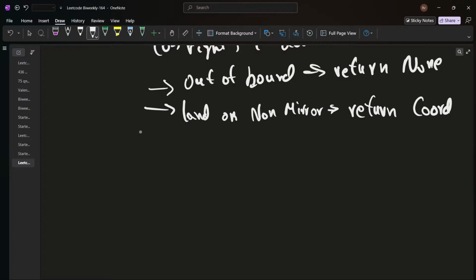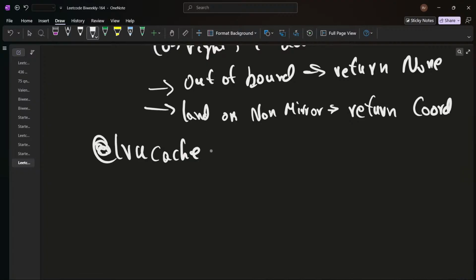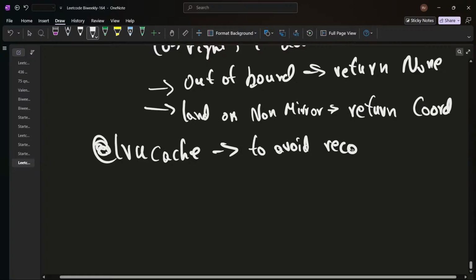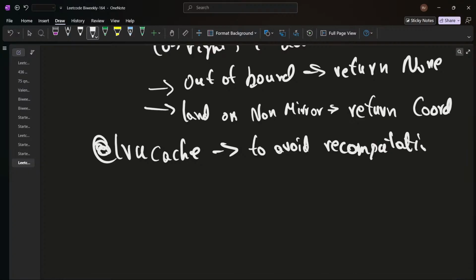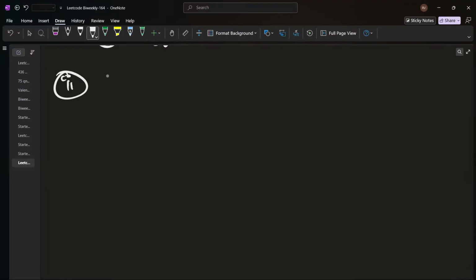We can use LRU cache, if you want, to avoid recomputation. Now, in our second step, this is a DP question, since I said unique paths, everyone is very well aware of it.